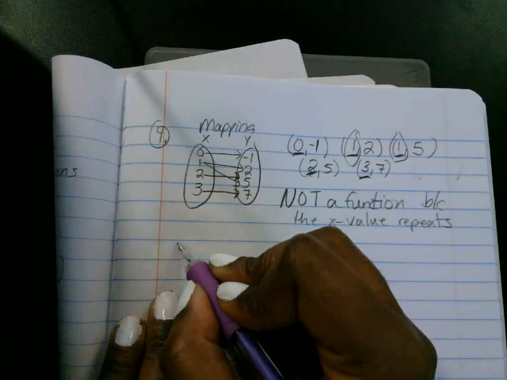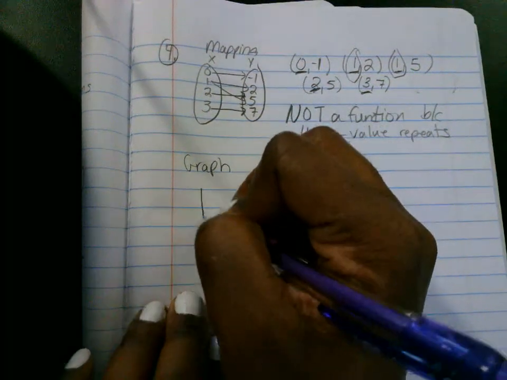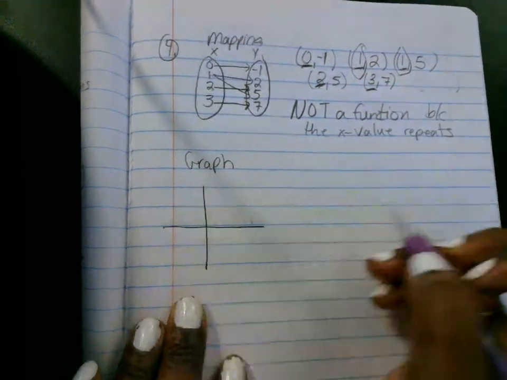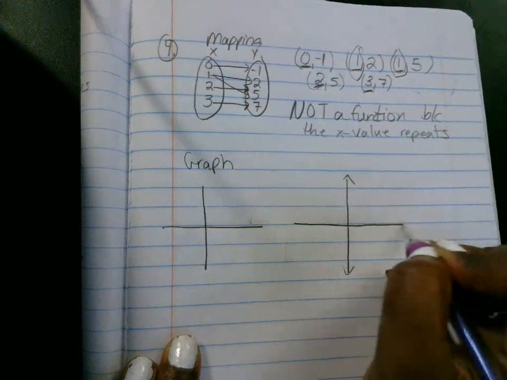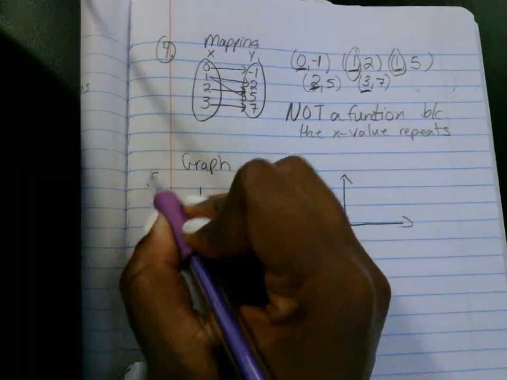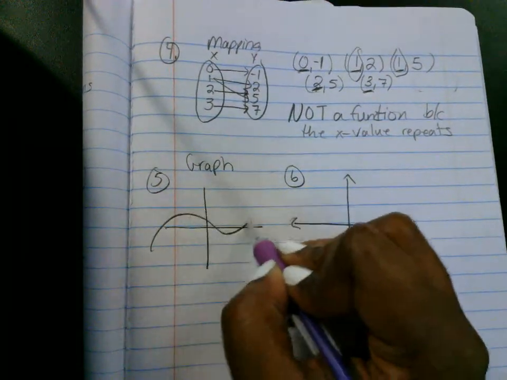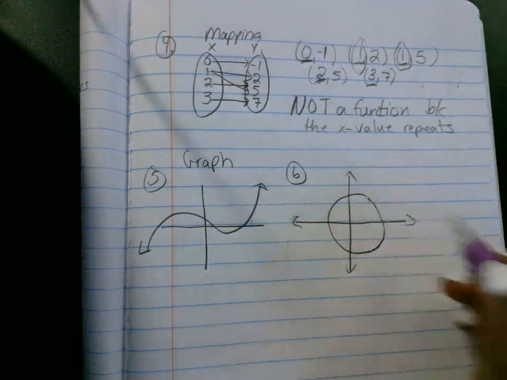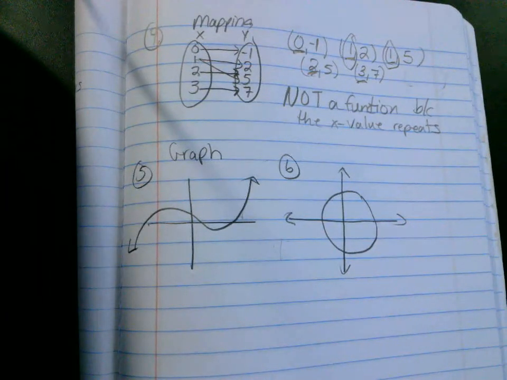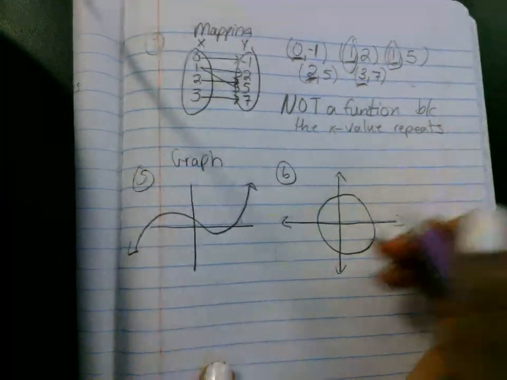Now we're going to do a graph. All right, I'm going to see if the x values are going to repeat by using what they call a vertical line test.